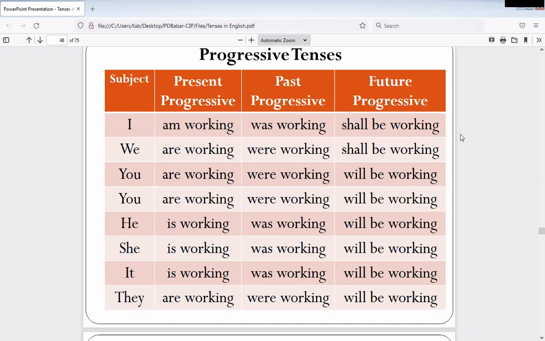Try to use different main verbs. There are many thousands of verbs, and you can practice them on this chart. Try to practice many verbs with this one chart.